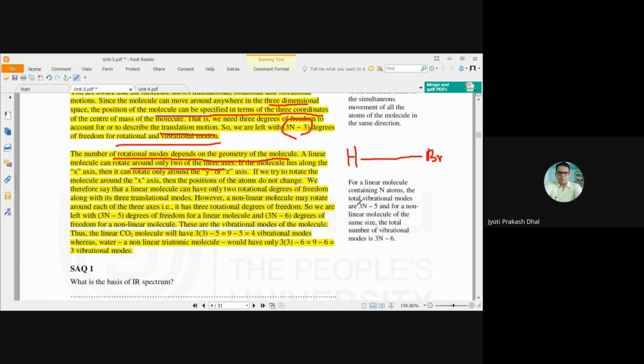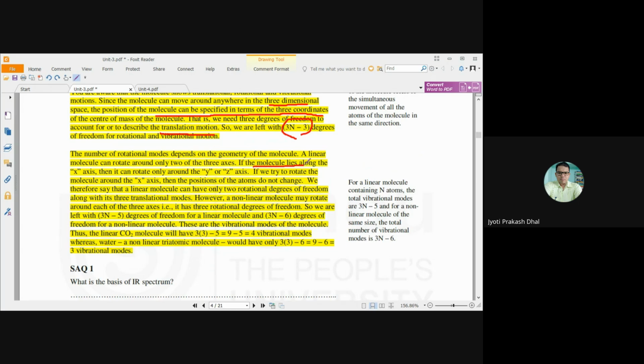If you rotate the molecule along the x-axis, there will be no change in the molecule. But if you rotate the molecule along the y-axis or along the z-axis, then the molecule will undergo change.